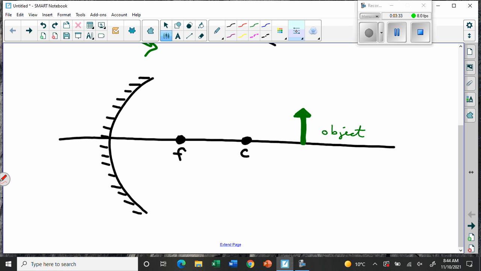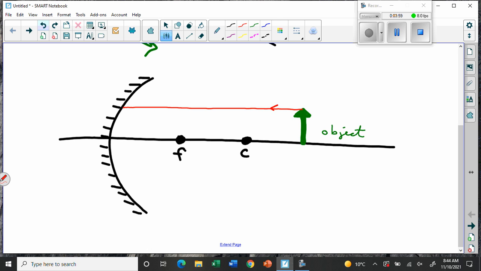So we're going to imagine, don't draw this part, that light is going to hit the top of this, but we're not going to draw that arrow because it's confusing. We're just going to look at the light after it bounces off of the tip of that arrow. We're going to imagine that it bounces off in many different directions, right? But one of those directions will be straight like this, parallel to the principal axis, and it will go here and strike the mirror.